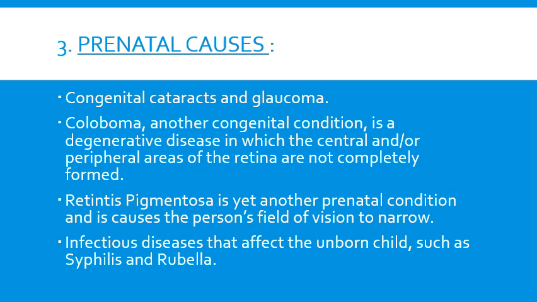Next is retinitis pigmentosa, a hereditary disease resulting in degeneration of the retina. This causes the person's field of vision to narrow. It also includes infectious diseases that affect the unborn child, such as syphilis and rubella.